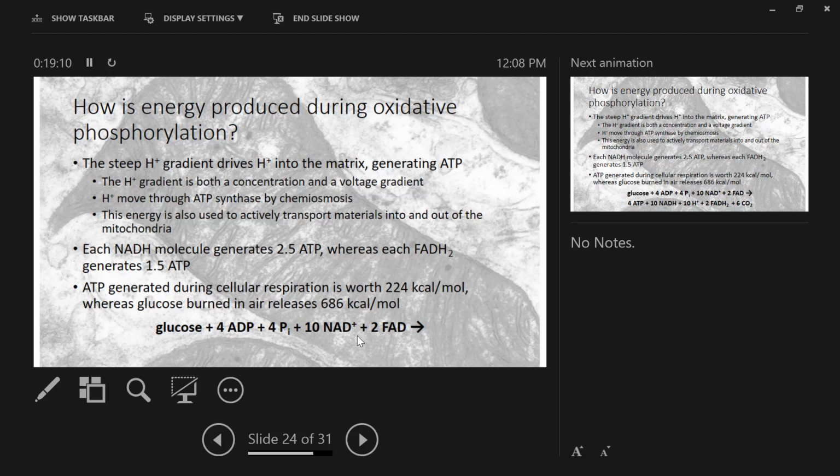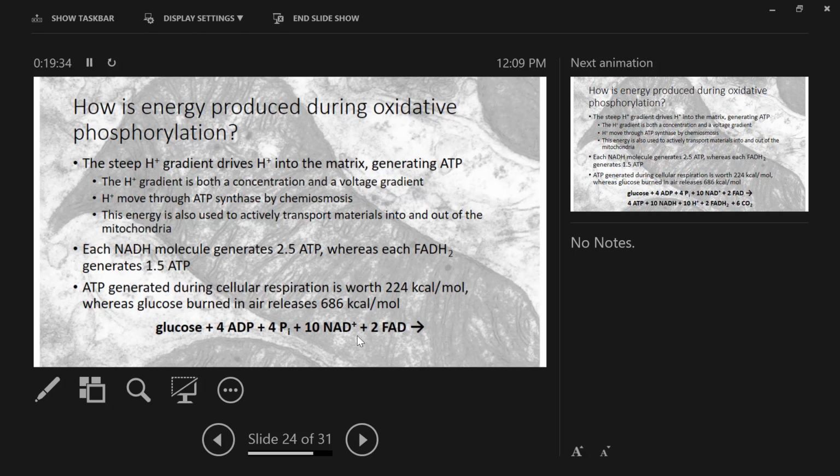How many NADH are bringing electrons to the party in step 3? 6 plus 2 plus 2. 10. Okay, what's 10 times 2.5? 25 ATP, from the NADH. We also have 2 FADH2.